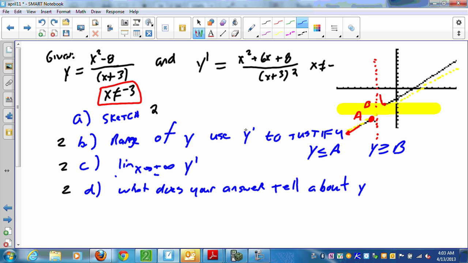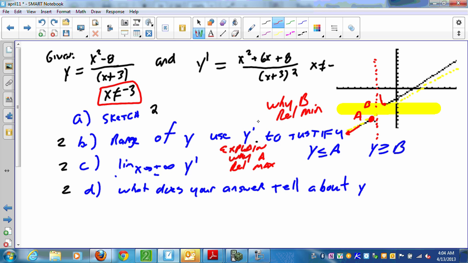So really, all you need to do to justify this is to explain why A is a relative max, and be able to explain why B is a relative min.